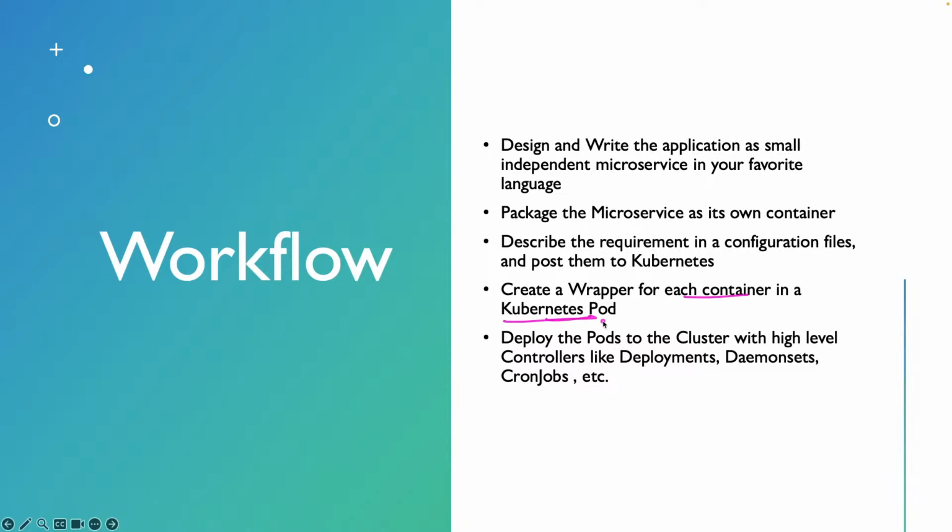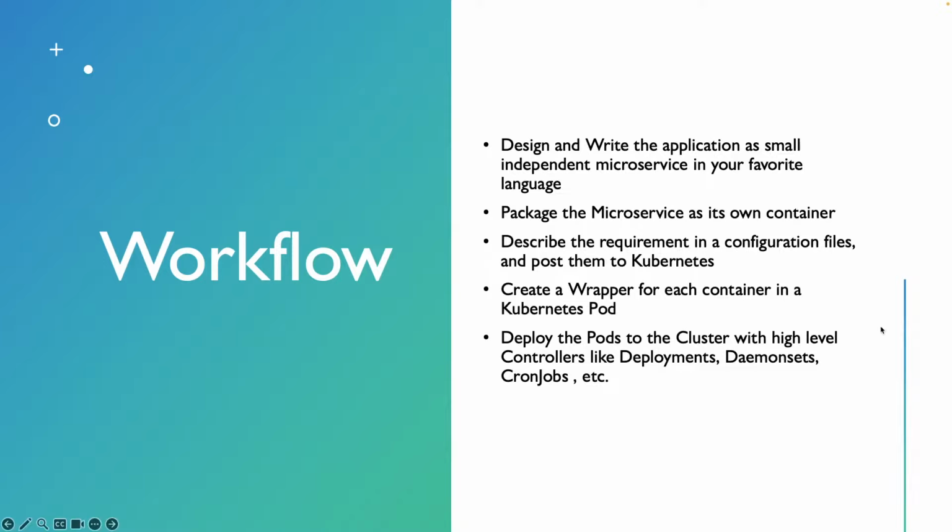Then we'll deploy these pods to the cluster with the help of high-level controllers like deployments, daemon sets, and cron jobs. So that's the workflow we follow whenever I want to deploy my application with Kubernetes.